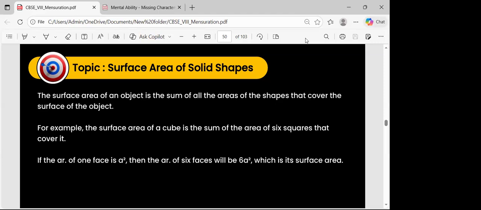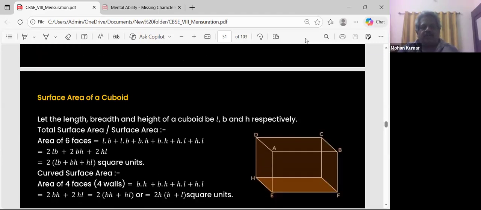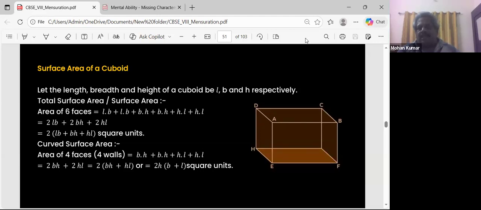Okay, next we'll go for the surface area of the cuboid. The length, breadth, and height are L, B, and H respectively. The total surface area, or surface area of 6 faces, is always taken as 2LB plus 2BH plus 2HL square units.